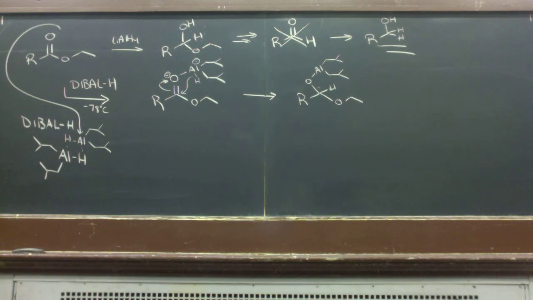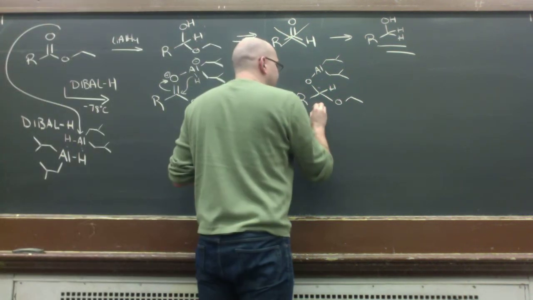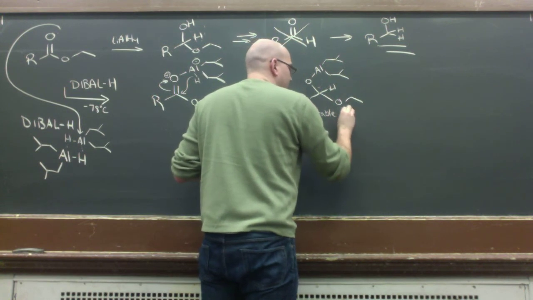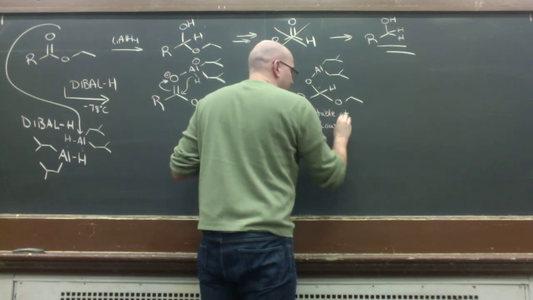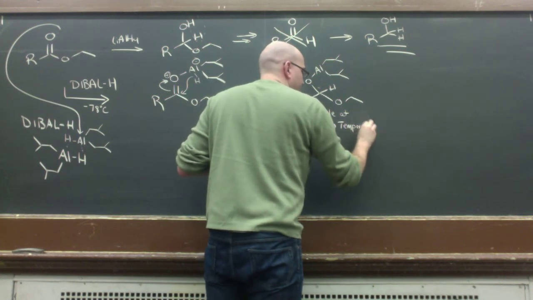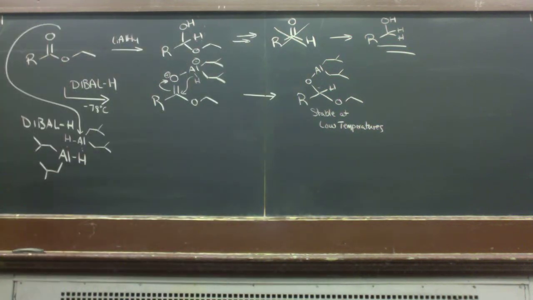So you keep this temperature very cold, and at these low temperatures, this is stable. If you slowly add DIBAL at low temperatures to an ester, the reaction will lead to this intermediate here.